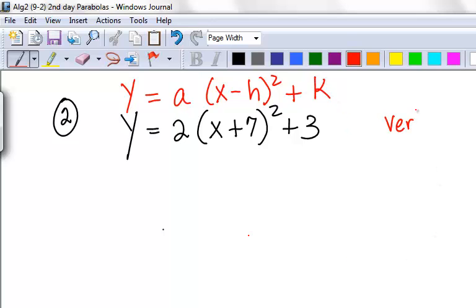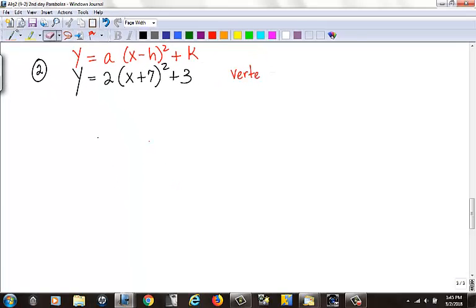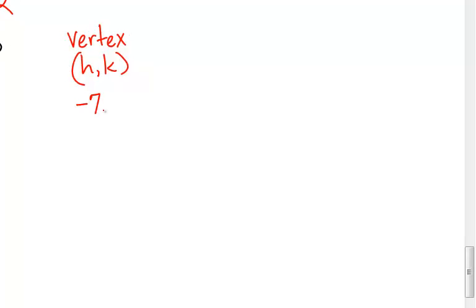On this one, the vertex on both forms is h, k. On this form, the h is on the inside. It has to be a minus sign on that formula. So the vertex is -7, 3.